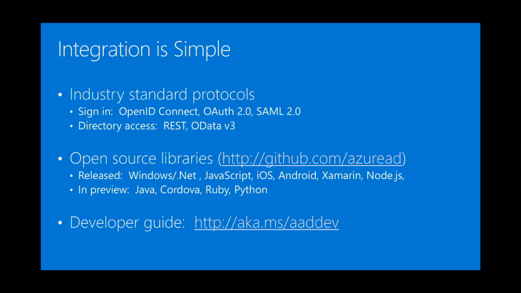How many of you guys develop for Android? More? Okay. I was going to ask about Windows Phone, but I will not. And no point going into the details of all the libraries. If you go to this uncharacteristically easy to remember URL, aka ms/aaddev, there is a starting point which fans out and shows you all of our libraries.